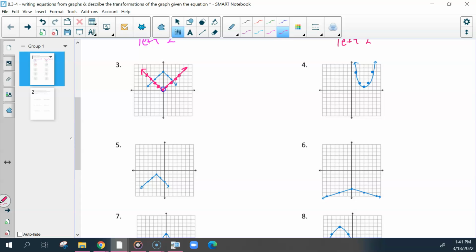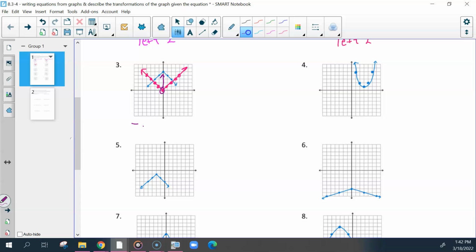But from what I can see, this definitely was flipped upside down because it's now facing the other direction. But my vertex is also now up here. So this was also moved up.